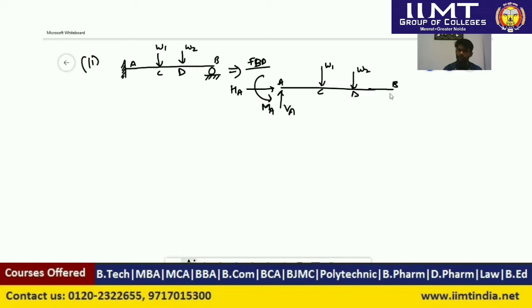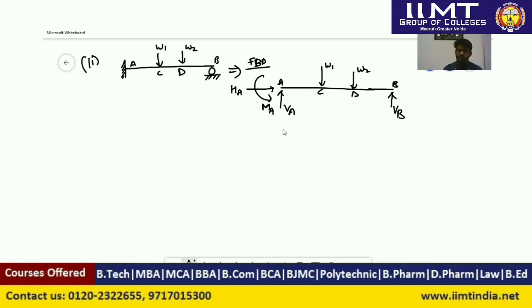Now the other support is a roller support, and on a roller support, both in 2-dimensional as well as in 3-dimensional, only one support reaction is there, and it is perpendicular to the contact surface. So the number of support reactions at support A is 3 and at B is 1.